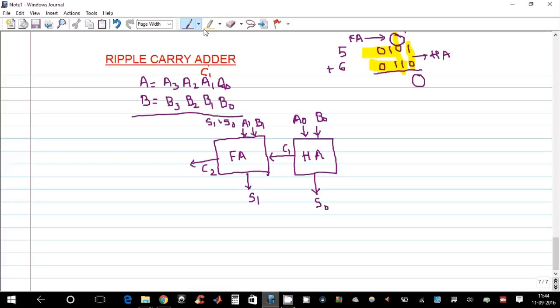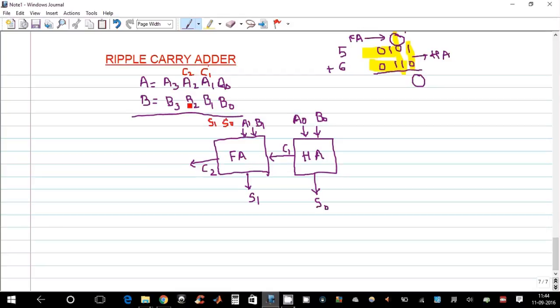So addition of these 2 will generate the sum expression S0. This will generate the sum expression S1 and similarly a carry expression C2.